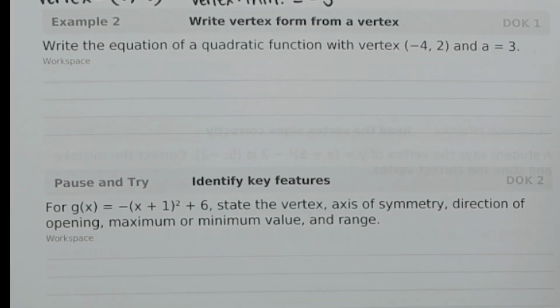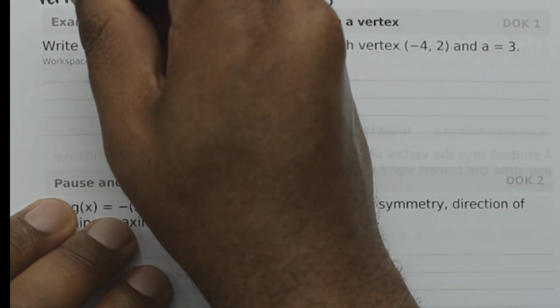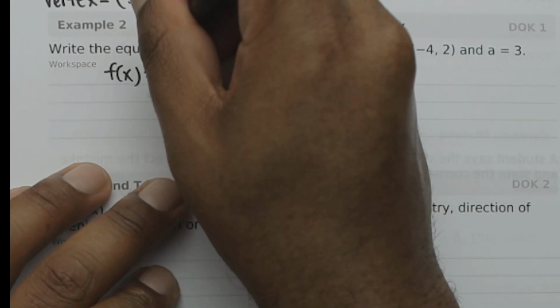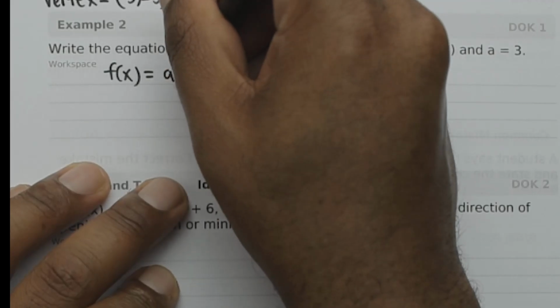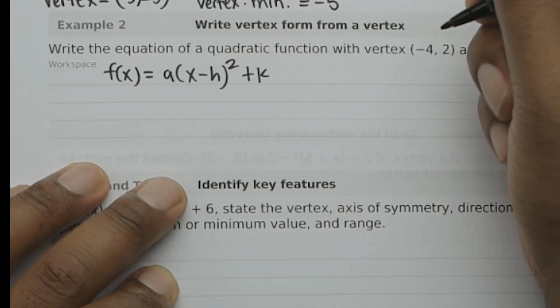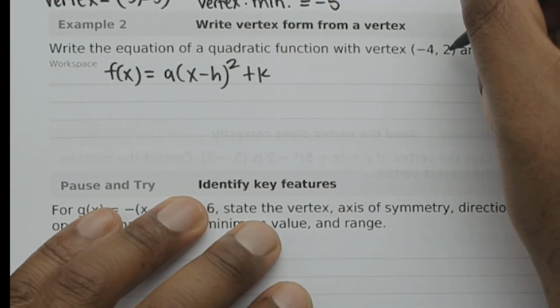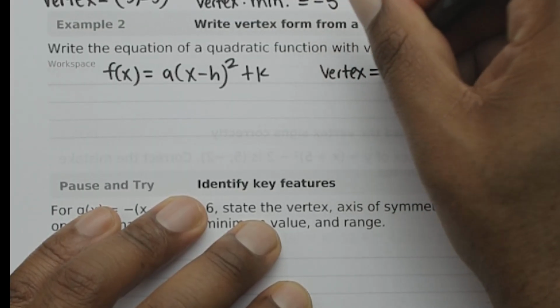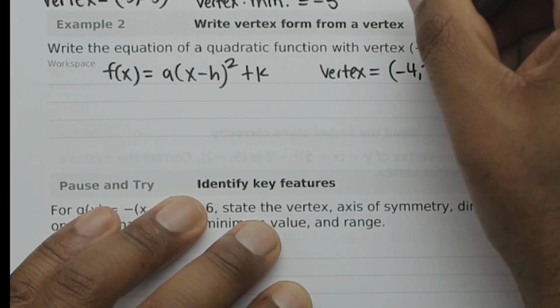Example number 2. Write the equation of a quadratic function with a vertex of negative 4, 2, and a multiplier of 3. So again, the function is f of x equals a parentheses x minus h squared plus k. The vertex we're given is negative 4, 2.